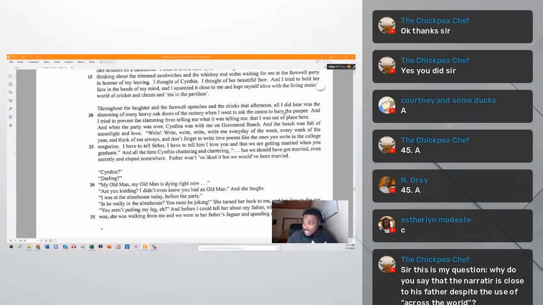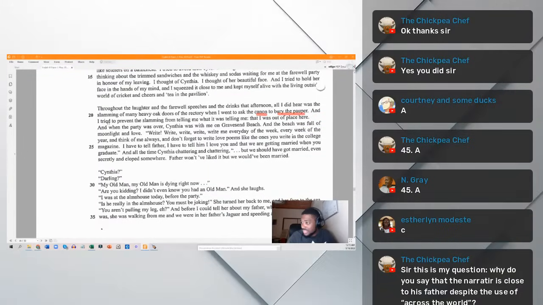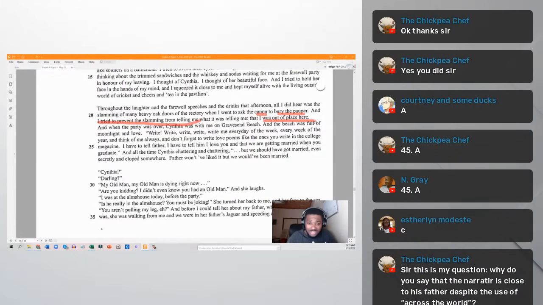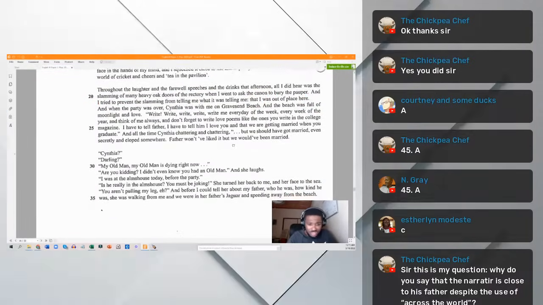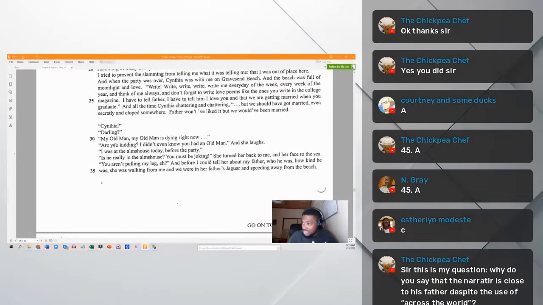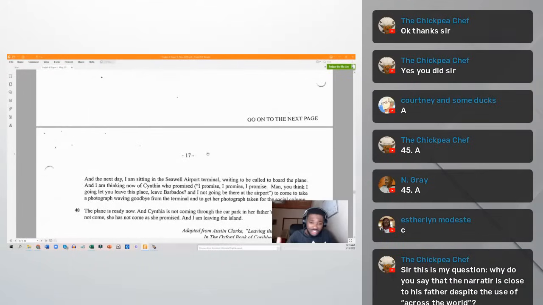We see that he went to the canon, so basically the church people, and I guess he's asking them to bury the old man, but they slammed the door on him because he was out of place. So they did not want to bury that man. The rest of the poem doesn't feature any discrimination. The only other slight discrimination we could say is that Cynthia eventually turns her back on the speaker.